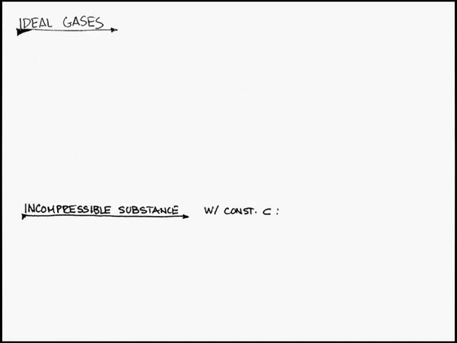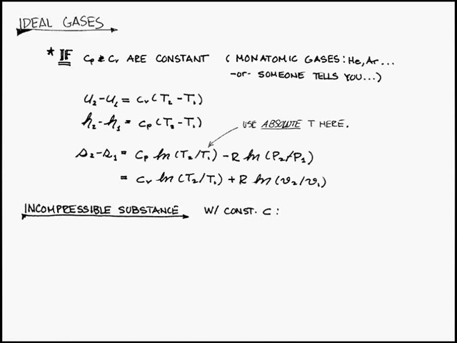You might recall that there are a bunch of equations that give you u and h and s changes for an ideal gas that don't involve looking things up in tables at all. What's that all about? Well, you can do that if you have this one very big assumption, and that is that your specific heats do not change with temperature and are one constant value. In that case, you can use all these equations.